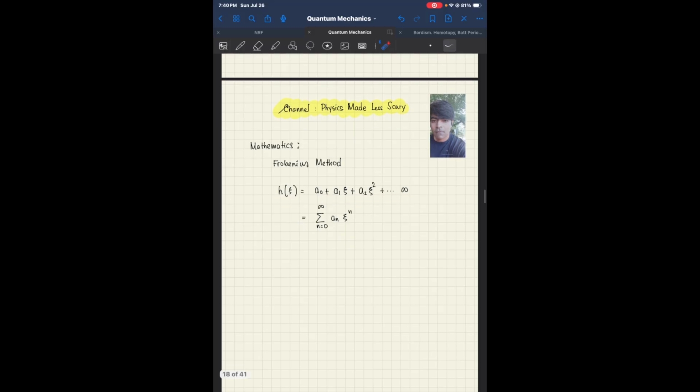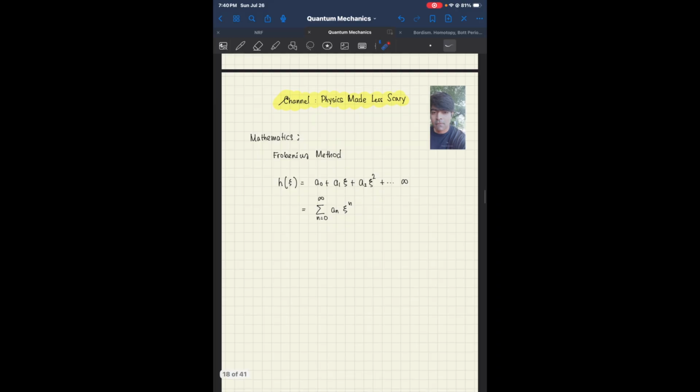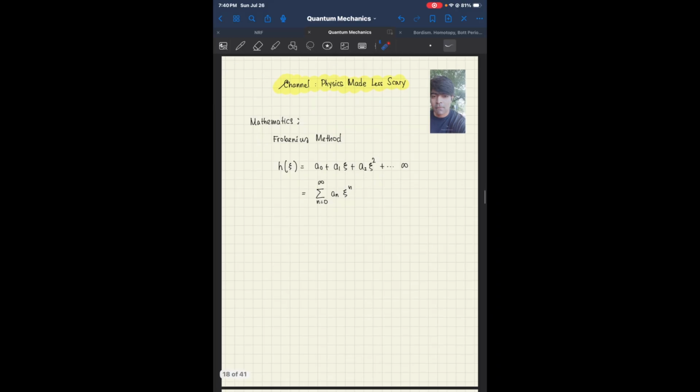Okay, so what happens when you have this? Well, it's simpler. Let me use the dash notation just so that you are also comfortable with it. What happens to this guy?